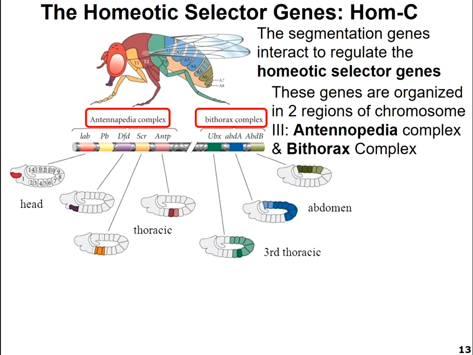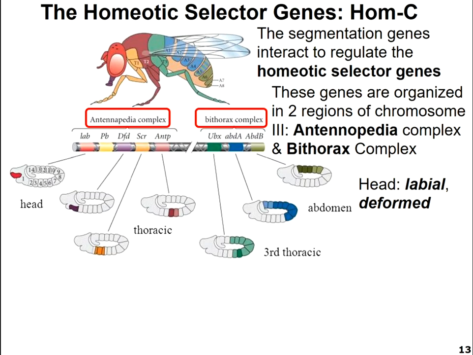This is called temporal collinearity. It's called temporal collinearity because the more anterior genes are expressed more anteriorly along the anterior-posterior axis, but also earlier during development than the more posterior genes. Now, what do we find?